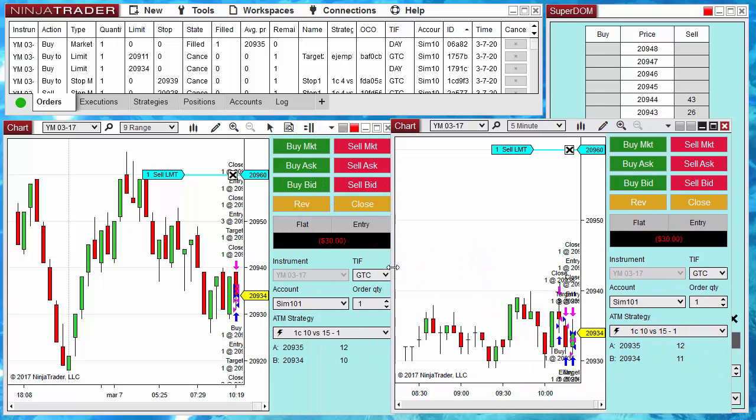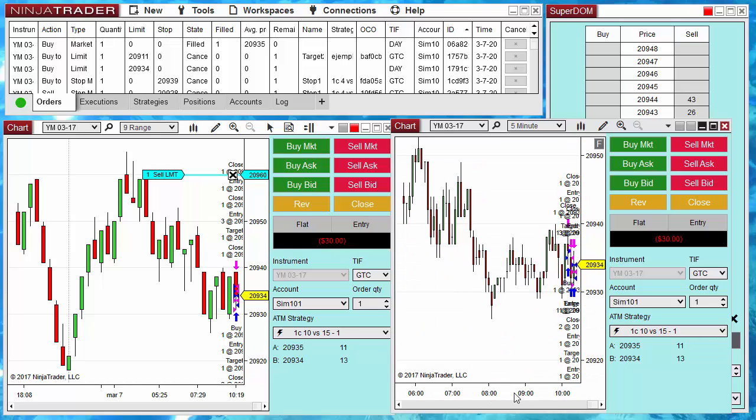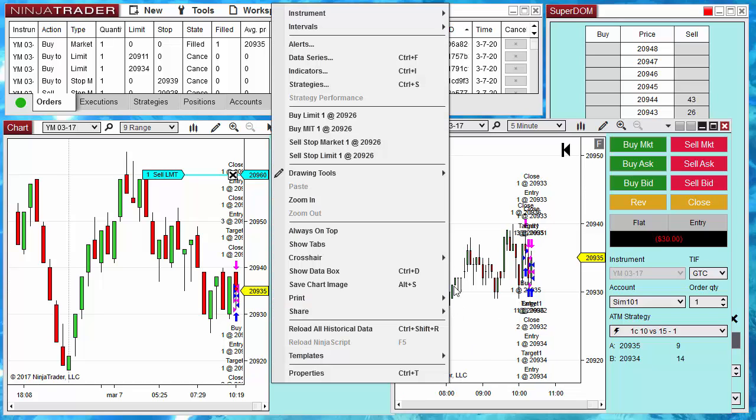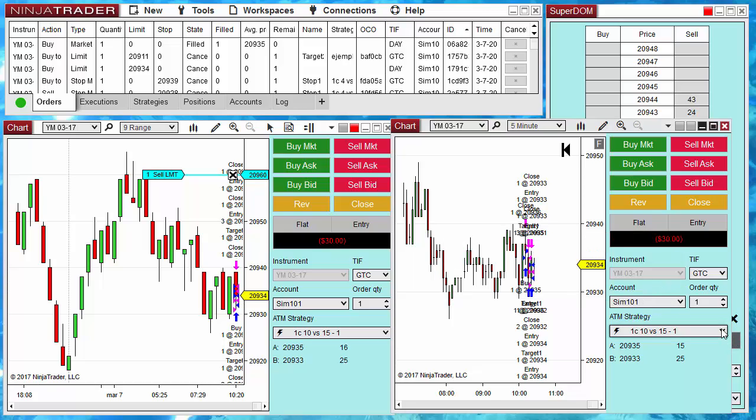If on this configuration we try to enter long on this double bottom, placing a buy limit shows this error because we have selected the same ATM with a short position started, so we cannot place a long order.